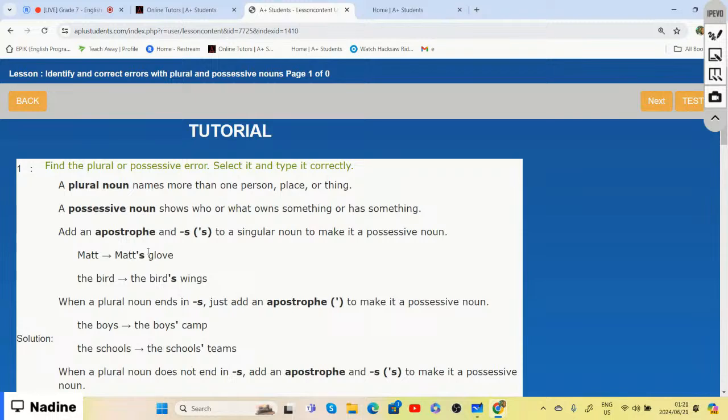All right, so we see that when it comes to apostrophes, possessive nouns as well as plural nouns, firstly, a plural noun names more than one person, place, or thing, right? More than one person, more than one place, more than one thing. And a plural noun just ends with an s, only an s, because then it will show that there's more than one of what we are talking about.